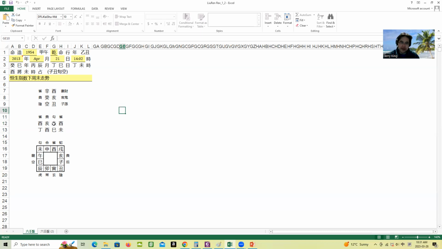However, there's also another way of looking at it. So that's why it's so complicated sometimes, because it could be confusing. So the day branch is the snake, right? And the day stem is the ding. So now the other way of looking at it is, let's say you're looking at your health. The interior things that we look at are from the third class and the fourth class. And anything that is external is related to the first class and the second class. This is also very easy to comprehend because the ding represents the stem, so it's the outside.